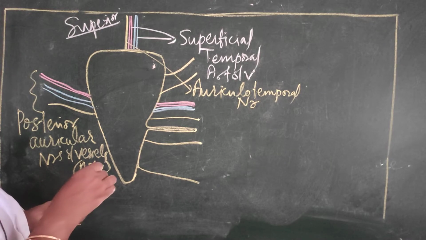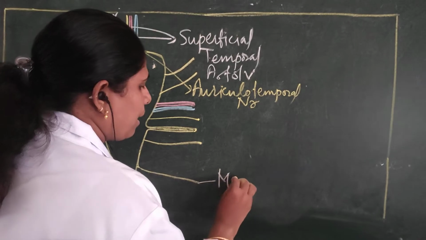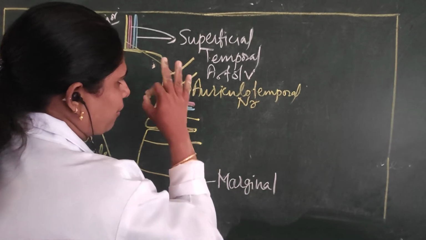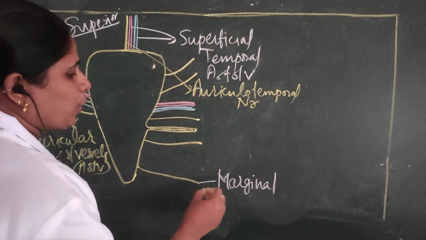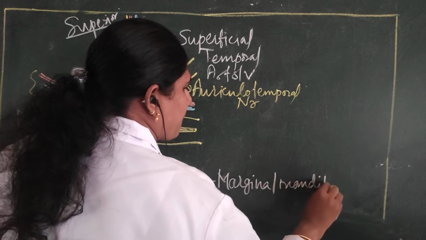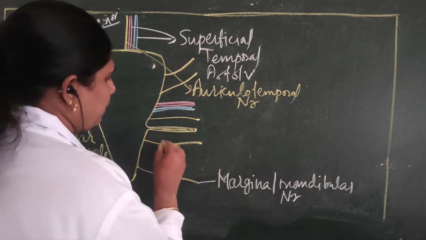So the structures that emerge from the anterior border: the marginal mandibular nerve is one of the terminal branches. There are 5 terminal branches, out of which the 4th one is the marginal mandibular nerve.